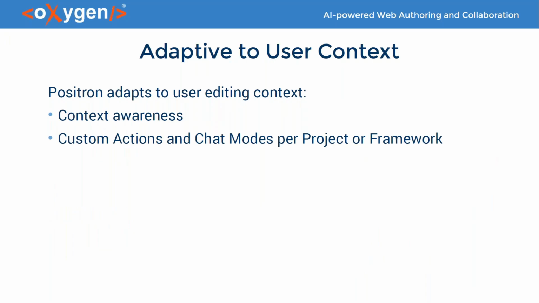Probably not. And more than this, you can customize Positron for each project with custom actions and even custom chat modes depending on your project. And onwards, I'll show you how to create a custom action and custom chat mode for your Content Fusion project.